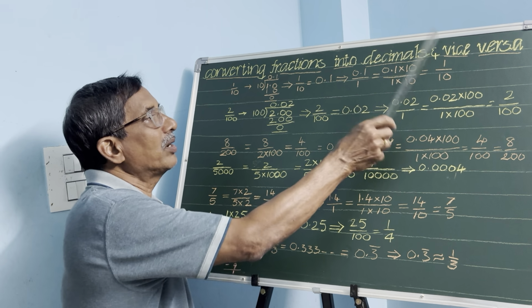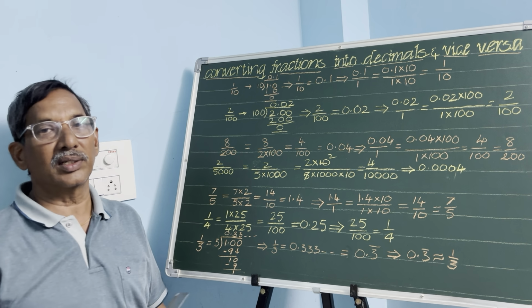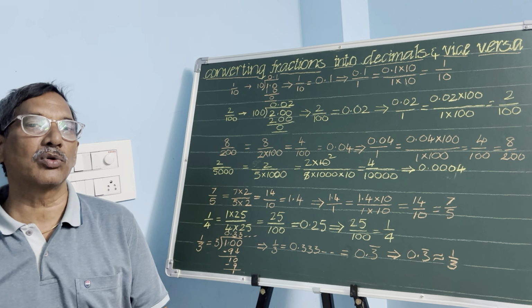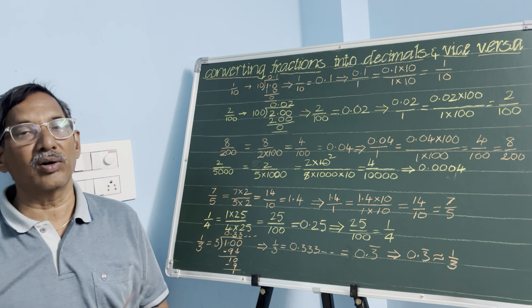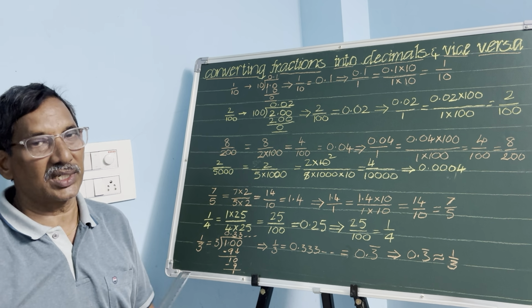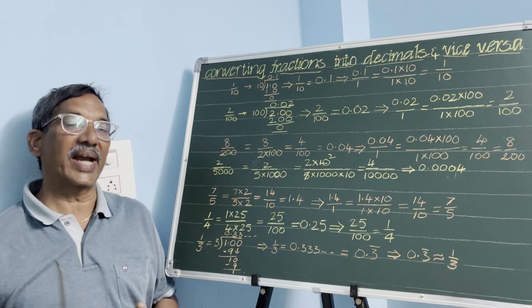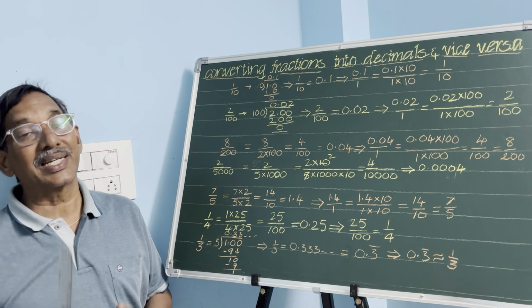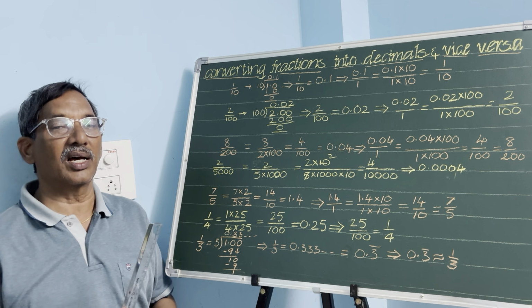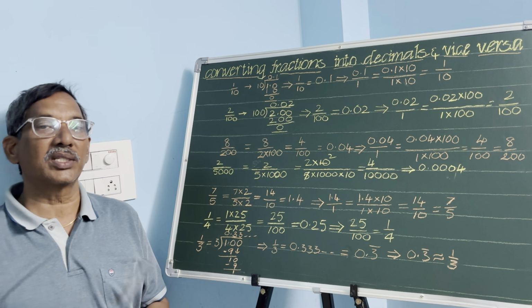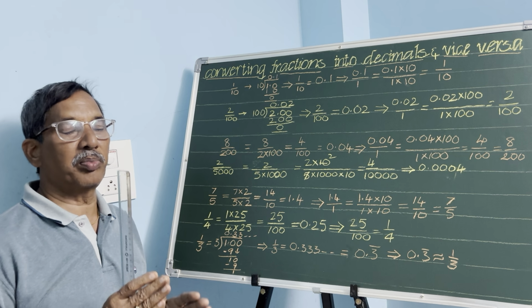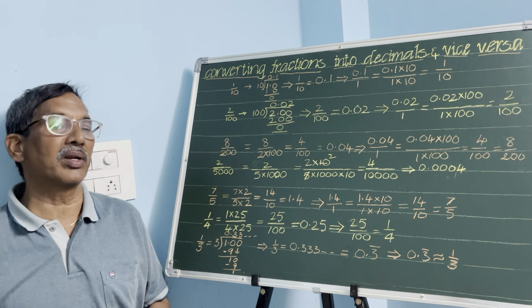We know that 0.1 into 10 is 1. We have discussed in our earlier sessions that when you multiply a decimal fraction by tens, hundreds, thousands, etc., the point moves towards the right side by as many places as the number of zeros.